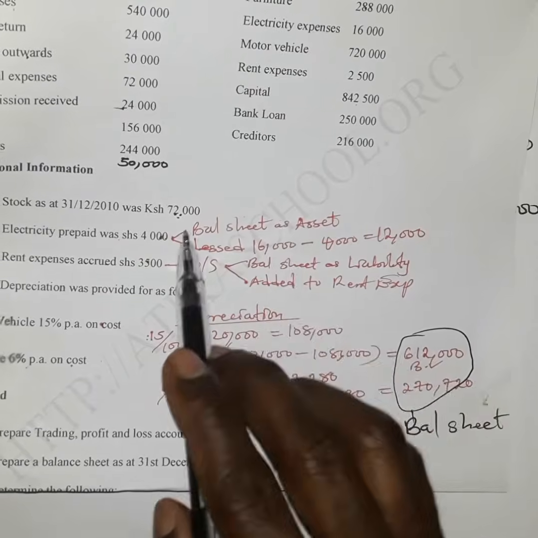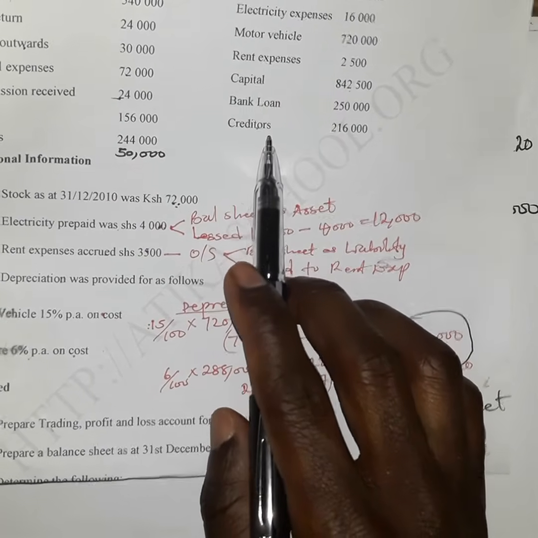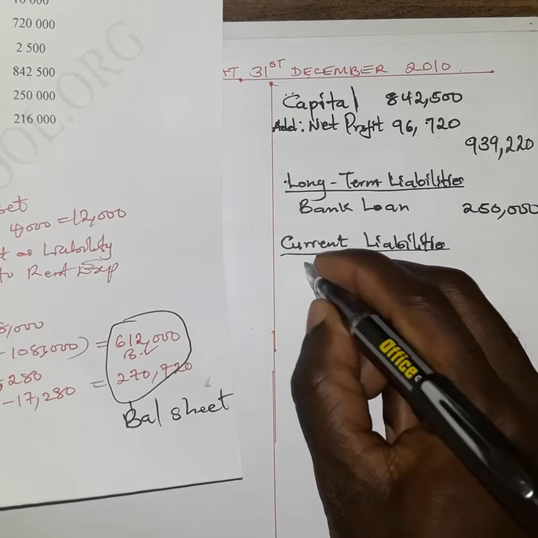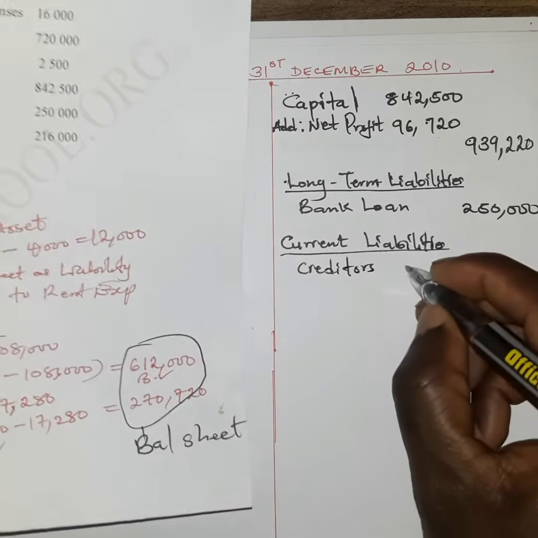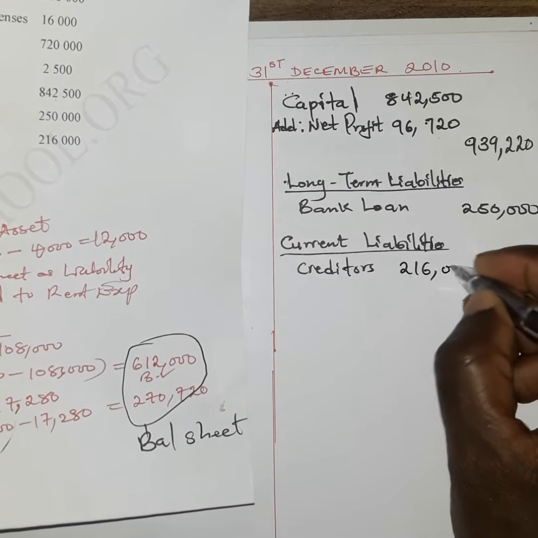We have an amount to do with the creditors. Creditors are payable within 1 year, so we have creditors, which is an amount of 216,000.